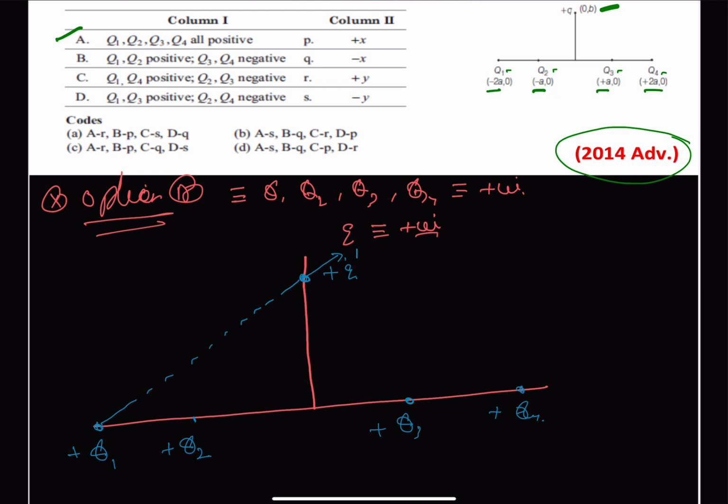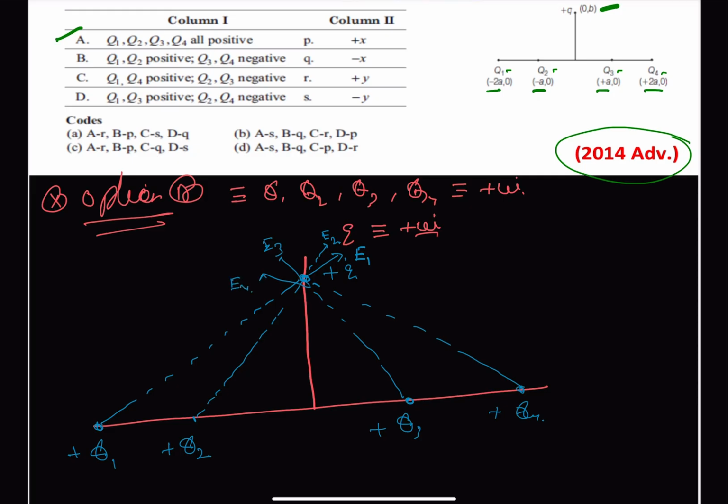Let us call this E1, and because of Q2, it will be in this direction. Let us call it E2. Similarly, we have E3, and finally E4.